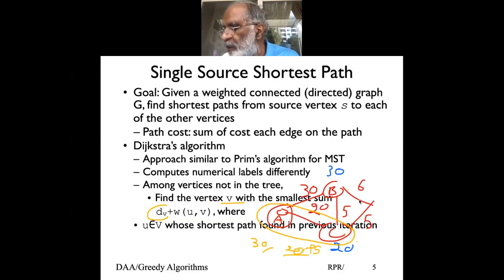We'll look at the current distance value of the node plus the cost of the edge, and together that. In Prim's algorithm, we were only looking at the edge, we were not looking at the distance. And that is the difference between the two algorithms.